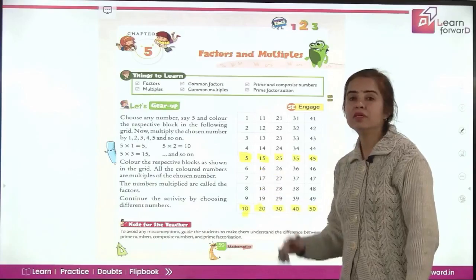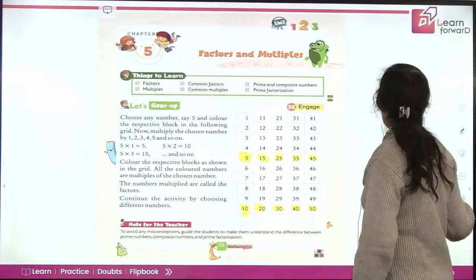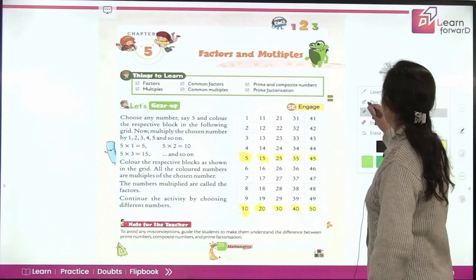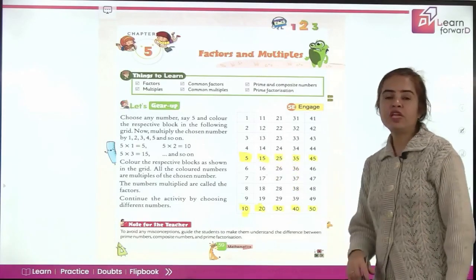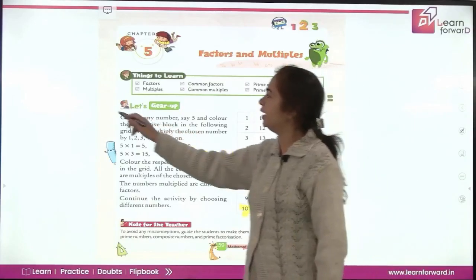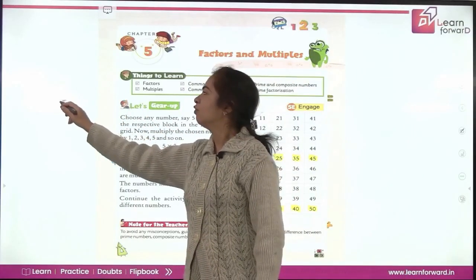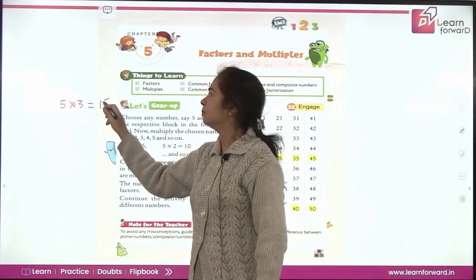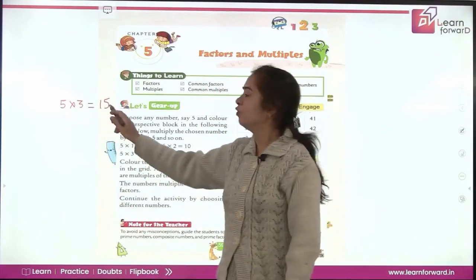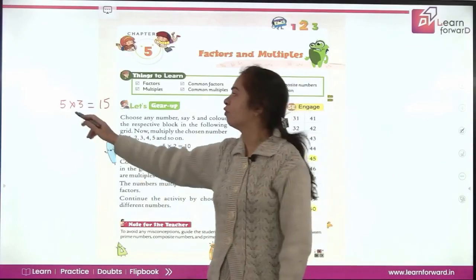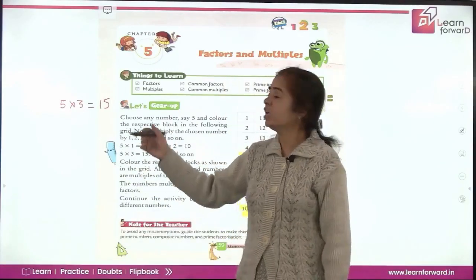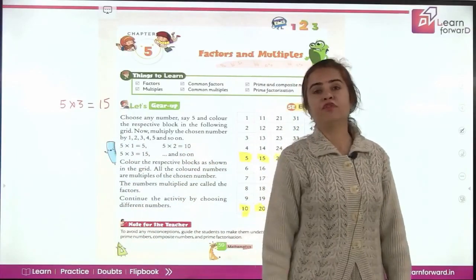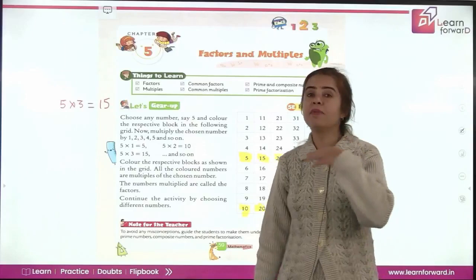And the numbers that are multiplied, they are called the factors. What do you mean by that? For 15, which numbers have we multiplied? We have multiplied 5 by 3. We got 15. So children, what do we say? 15 is a multiple of 5. 15 is also a multiple of 3 because we are getting 15 when we multiply 3 by 5.